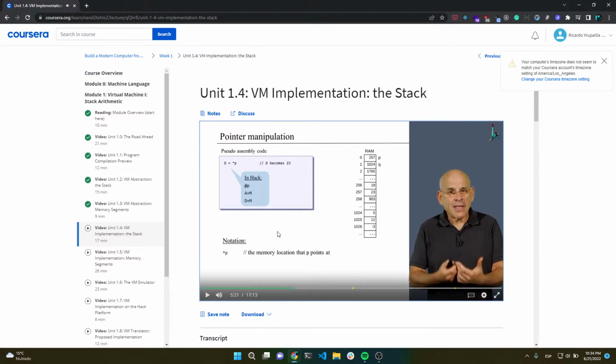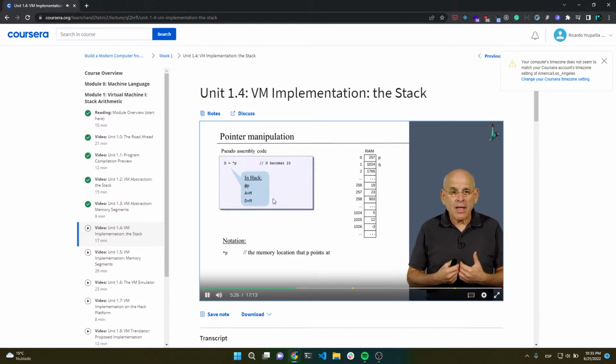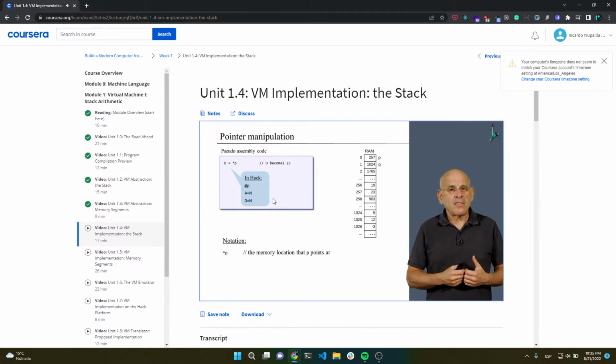So this will become the selected register, which in the Hack assembly language is represented by the letter M. And therefore, when we next say D equals M, we're going to get the value of this register, the currently selected register, number 257, and the value happens to be 23.